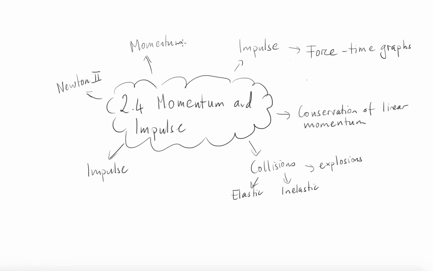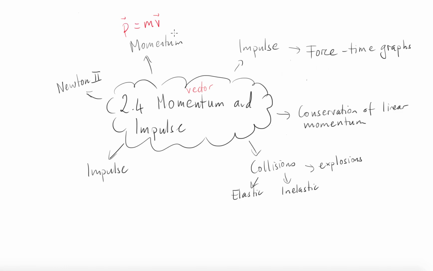So first of all, what is momentum? Well, it's a vector quantity. It's given the little symbol p, and it's simply the product of mass times velocity. Since velocity is a vector and mass is simply a scalar, multiplying a vector by a scalar gives you a vector, and that is momentum.